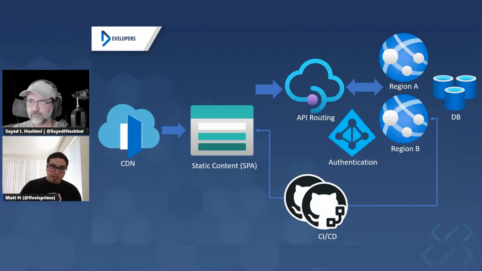And then you have your API routing through API management to your various regions on the back end. Now, in this case, what I've always done is app service web apps that are essentially just wrappers for the database. That's our data API. And then for authentication, we bring in Azure Active Directory.